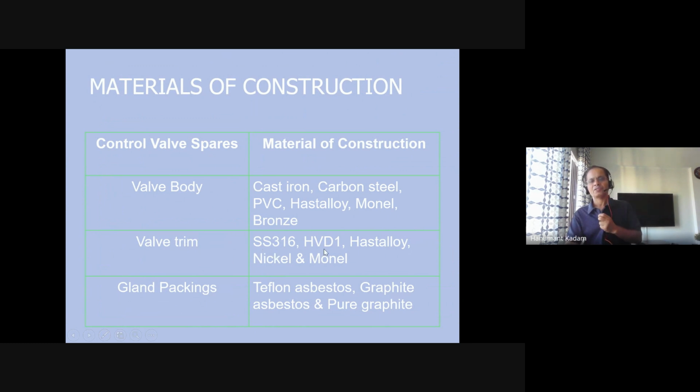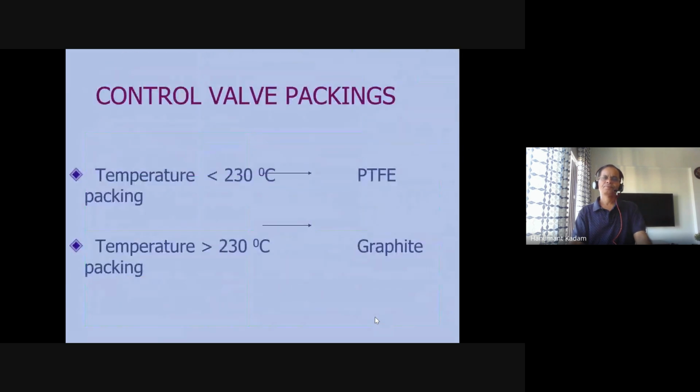Therefore: SS316, Hastelloy, nickel and Monel. These are costly materials, but they are required for the valve because they are directly in contact with the process liquids. And then gland packing: Teflon, asbestos, graphite asbestos, or pure graphite. So these are the materials of construction in the valves.